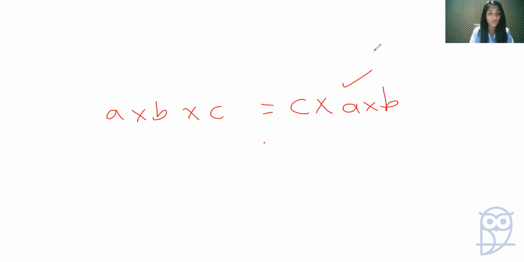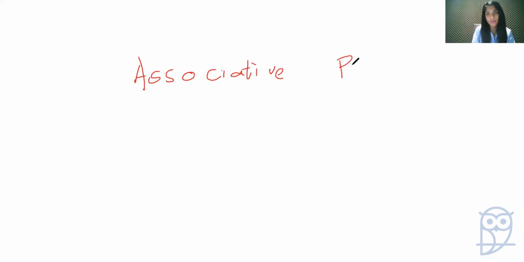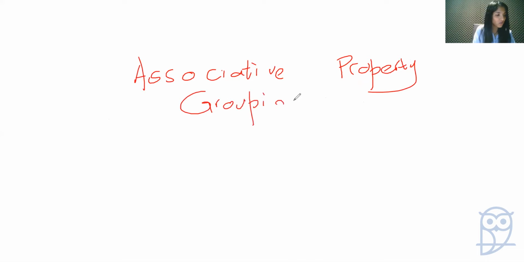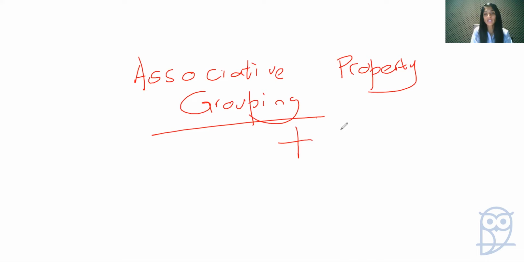Now we're going to work with the associative property. What does the word associative actually mean? When we talk about the associative property, we are talking about grouping. The associative property is valid also for addition and multiplication.